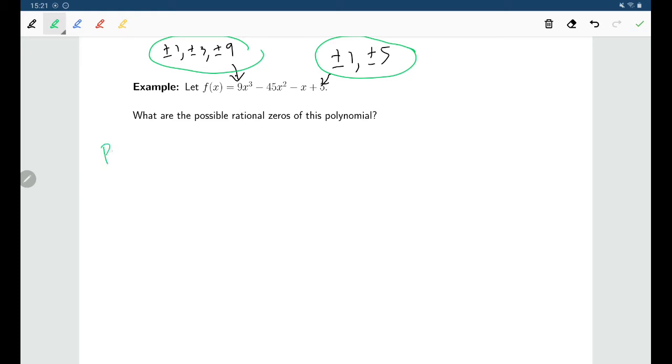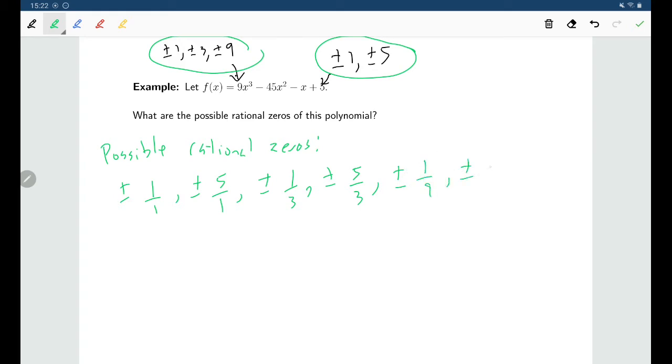So possible rational zeros includes plus or minus 1 over 1, plus or minus 5 over 1, plus or minus 1 over 3, 5 over 3, plus or minus 1 over 9, and plus or minus 5 over 9.